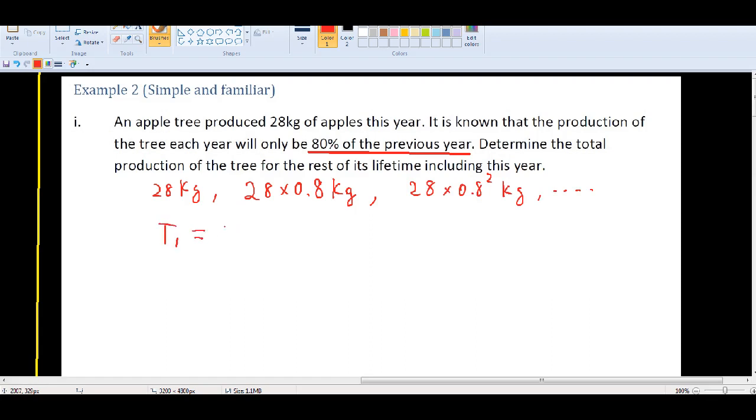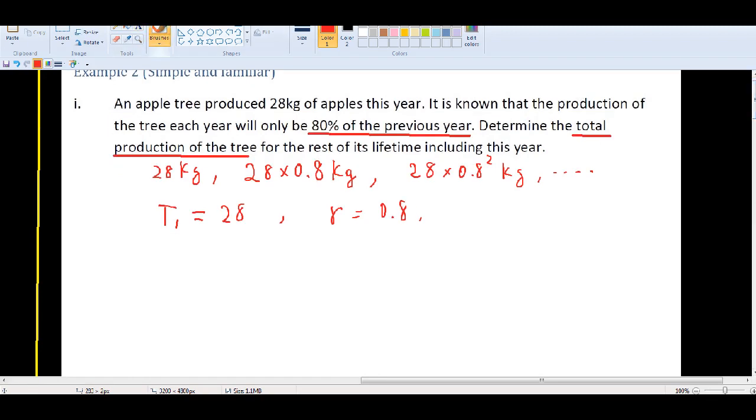So it looks like a geometric sequence with first term 28, common ratio 0.8, and since that common ratio is between -1 and 1, you could find the total production of the tree for the rest of its lifetime, including this year.